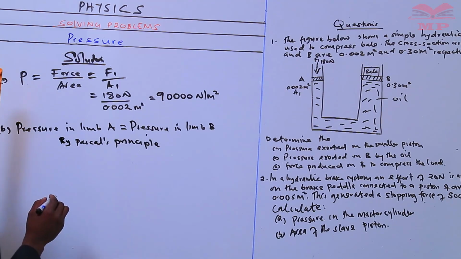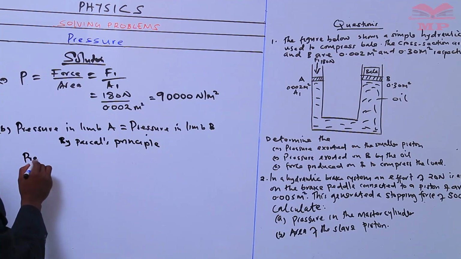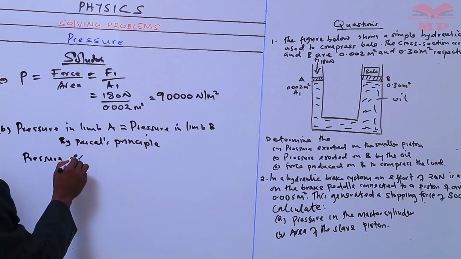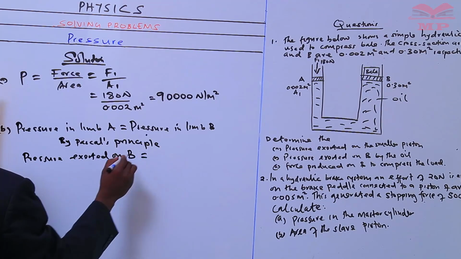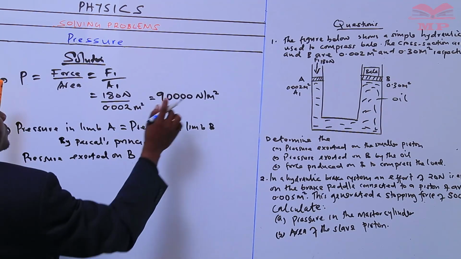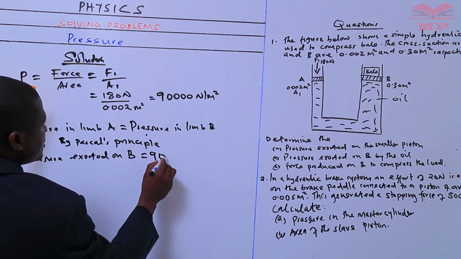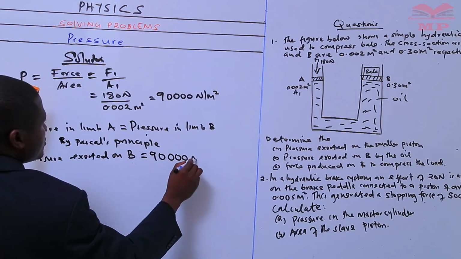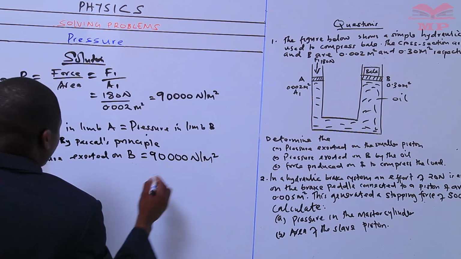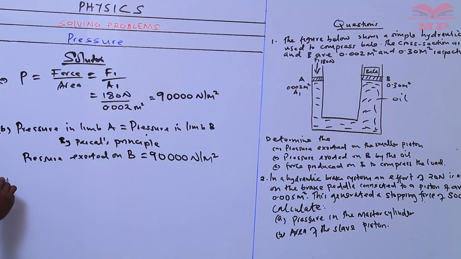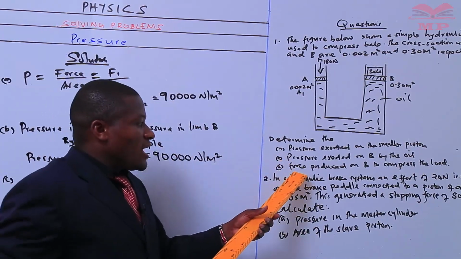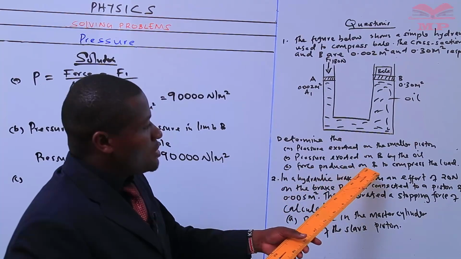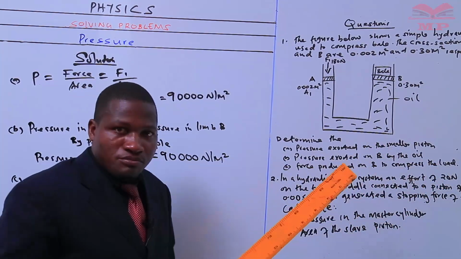Meaning that pressure exerted on B is equal to 90,000 Newton per meter squared. Then C, we are being asked to determine the force produced on B to compress the load.